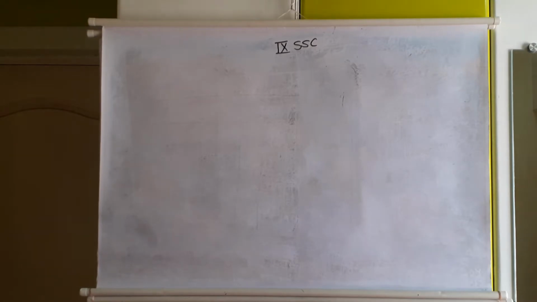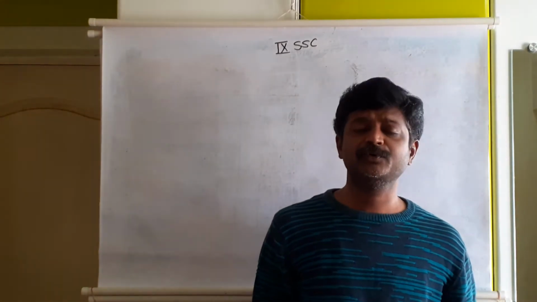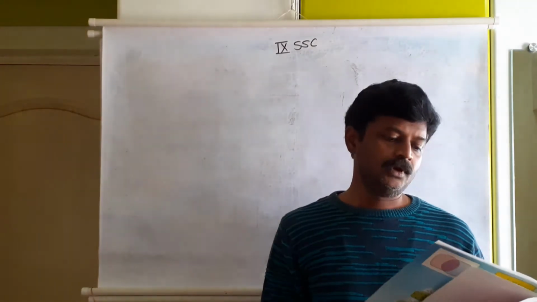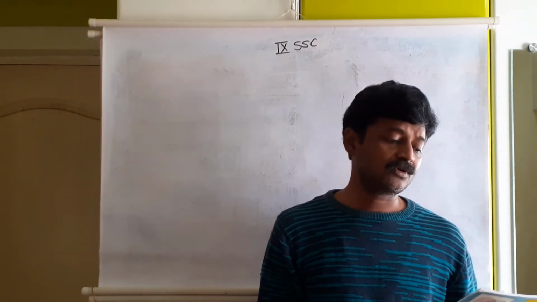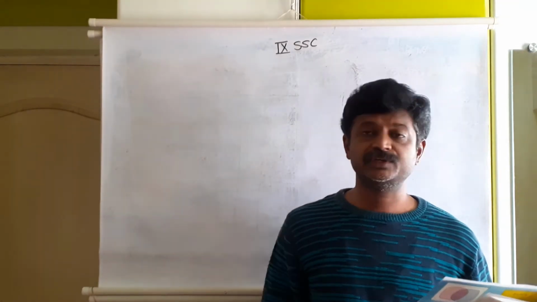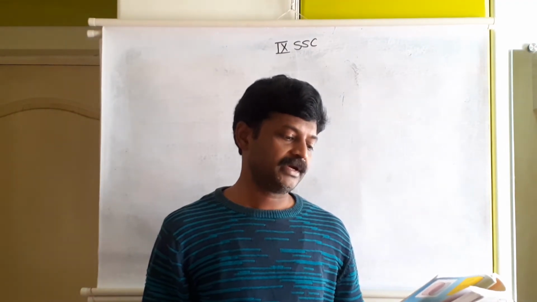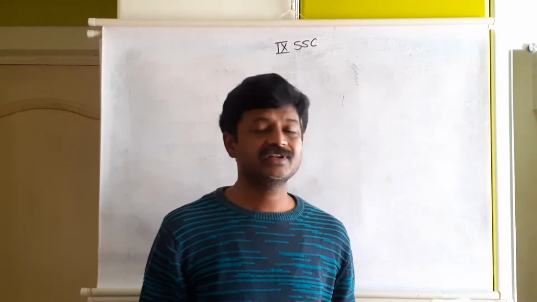Page number 111, practice set 7.1, question number 1. The following table shows the number of buses and trucks in nearest lakh units. Draw a percentage bar diagram. Approximate the percentages to the nearest integer.